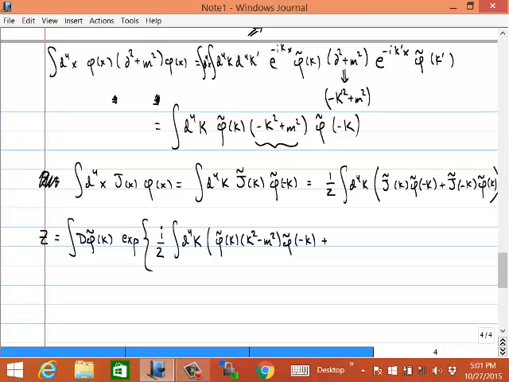All I've done is divide that integral into two pieces and do the change of variables k to minus k on those pieces. But that makes the integral look a little bit more symmetric. So I get a j tilde of k, phi tilde of minus k, plus j tilde of minus k, phi tilde of k here.